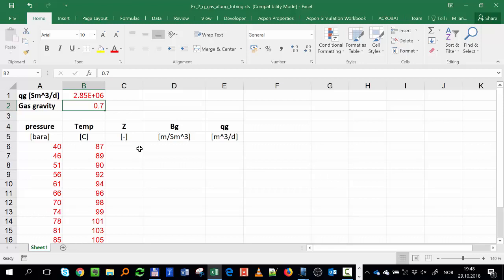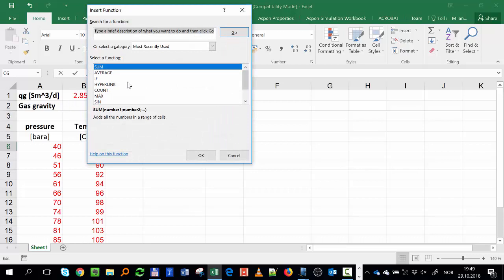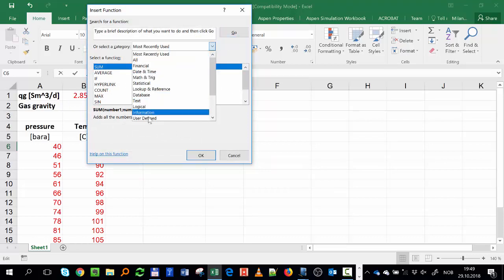Okay? So we are going to do it a bit different. This chart has been already pre-programmed for you in Excel. Okay, in Excel you can do programming. So let's try if it works. Just try, in your case, go to this FX you have here on the window. Go to user defined.